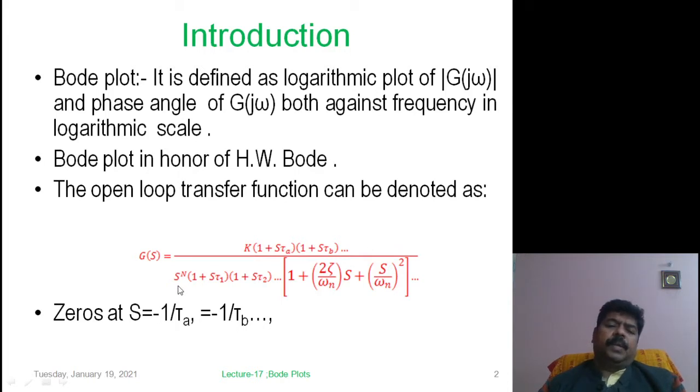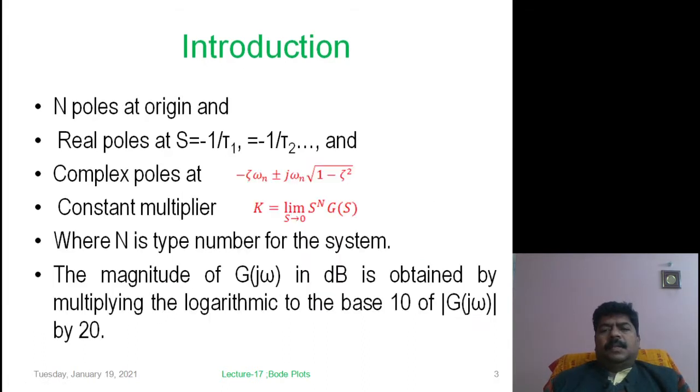Similarly, the denominator may have simple poles, (1 plus sT1)(1 plus sT2), and a multiple pole at the origin, s to the power n, and a complex conjugate, meaning a quadratic factor, may also be present in G(s). So these are the poles and these are the zeros, and poles and zeros can be very easily determined.